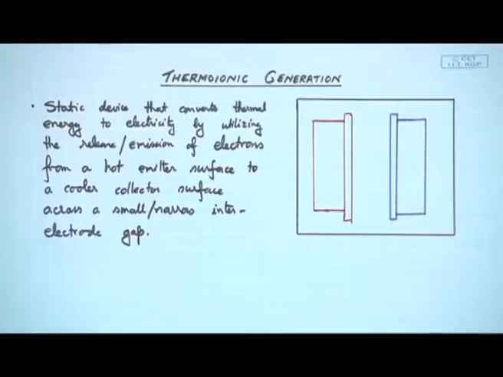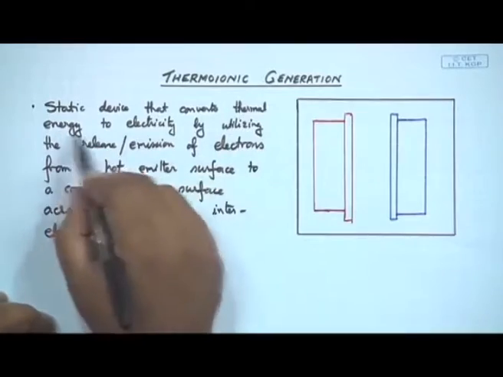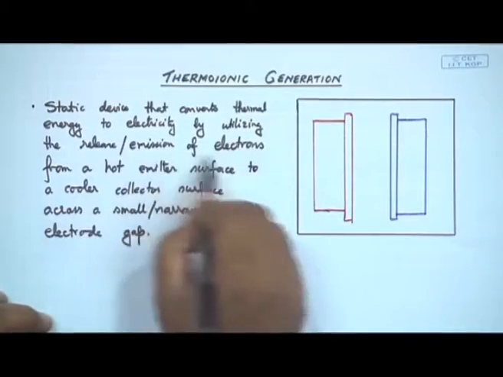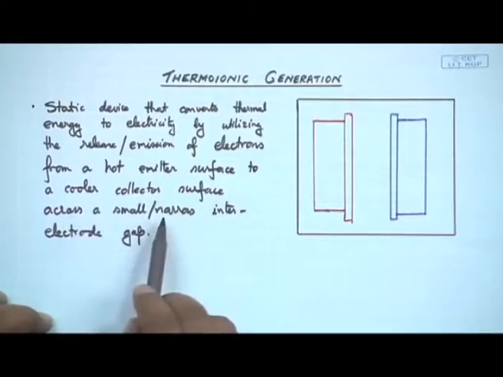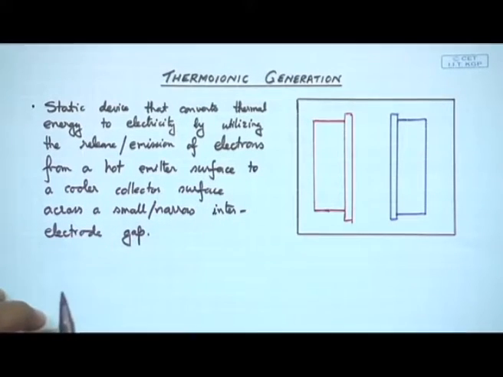So, this is our definition. It converts thermal energy to electricity by utilizing the release or emission of electrons from a hot emitter surface to a cooler collector surface across a small or narrow inter electrode gap.